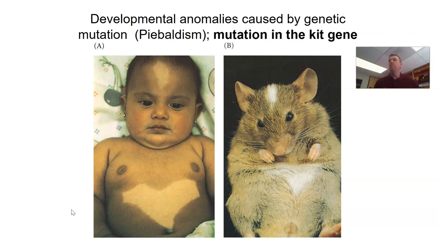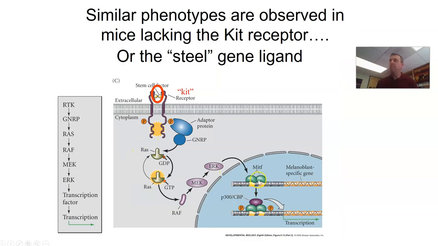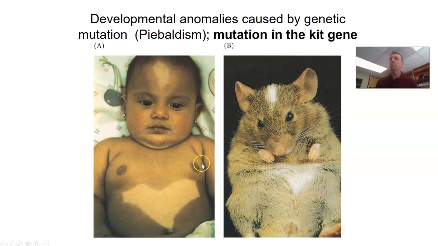So when either steal or KIT are mutated, that leads to piebaldism that we've seen in humans and in mice. And this is because the neural crest cells that migrate out and form pigment kind of in the trunk, the belly region, and in part of the head, those are no longer able to differentiate. And so you get, in this case, just lack of pigment in those regions. But remember, we have not affected the whole gene itself. And so you still get pigmentation elsewhere.